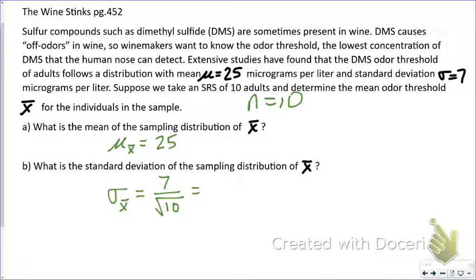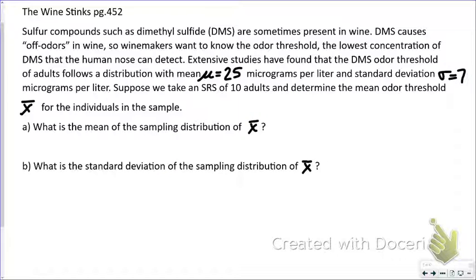So that is 2.2136. So that's property 1 and property 2. They're both typed on your formula sheet. It's different from proportions because we have numerical data, we have a measurement. So be aware, it's a little different from last week's stuff.